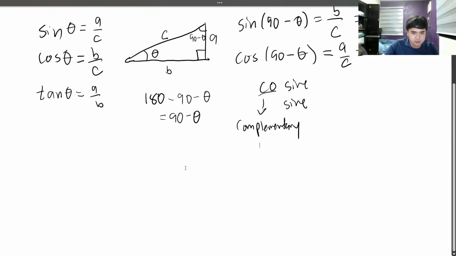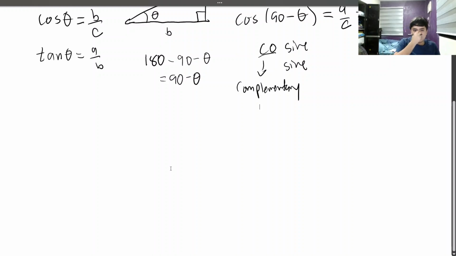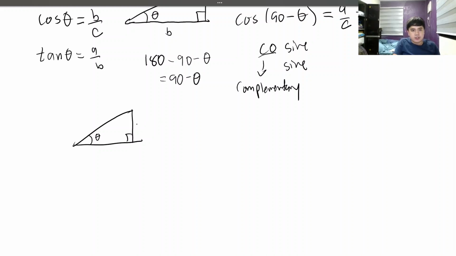Do you guys remember the Pythagorean identities? If not, I'll refresh you on that. So, let me draw a triangle. So this triangle, let's have theta here. Then let's label this A, B, but instead of C, let's set this to 1.